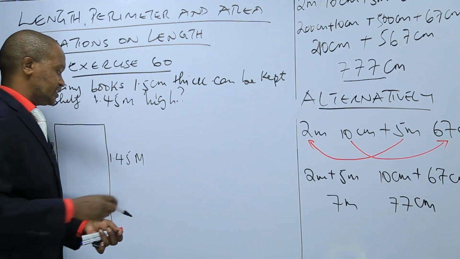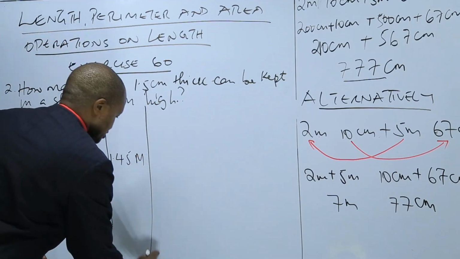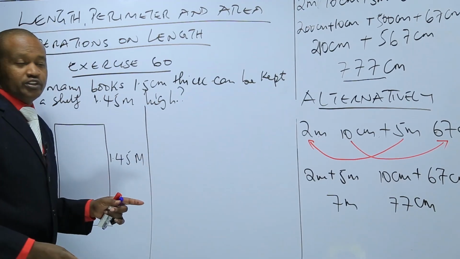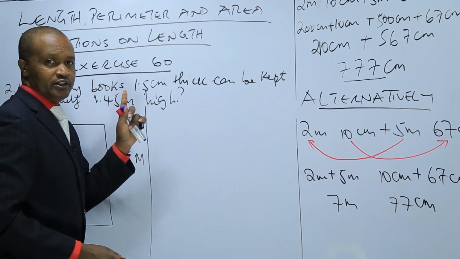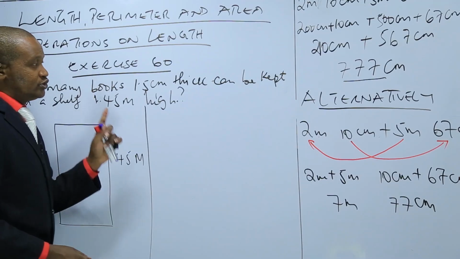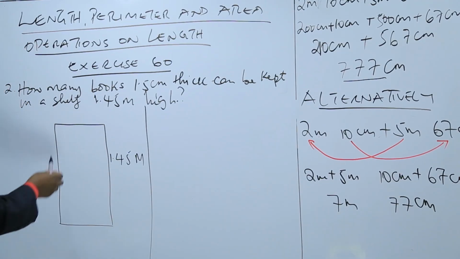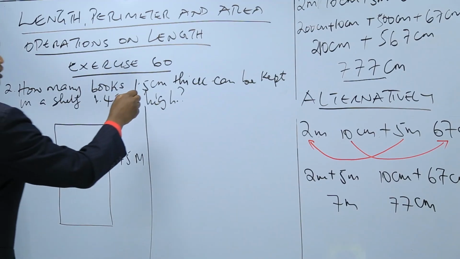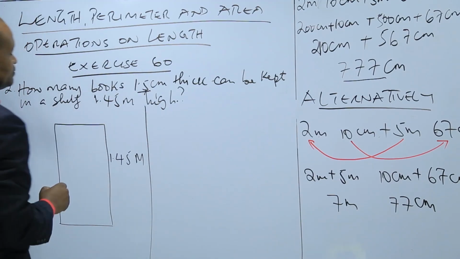So before we answer this question, first, learners, it's important to make sure that you are using similar units. We've been told that the thickness of the book is 1.5 centimeters.